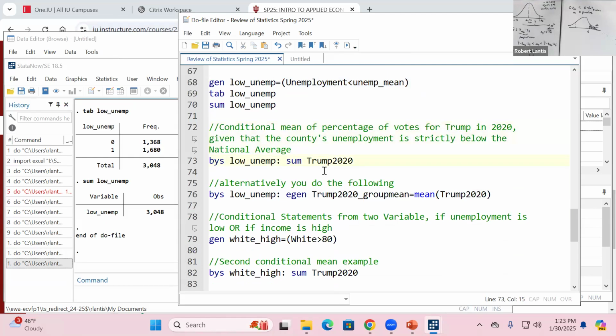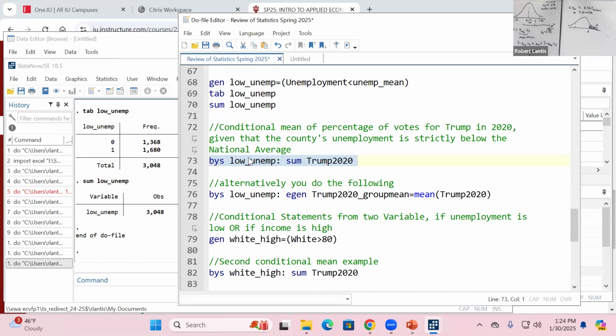So what I can do as a very first quick snapshot, and this isn't a great way, but I can look at things by this variable. If I use this by sort command, whatever I tell it to by sort, it says by this variable, for the different values of this variable.